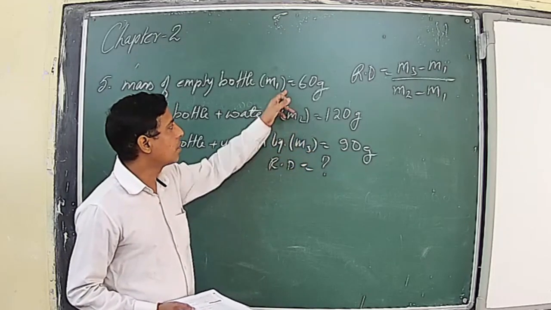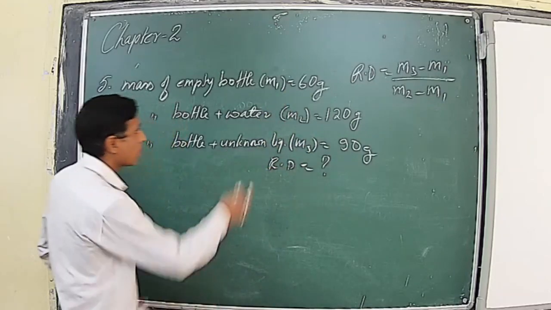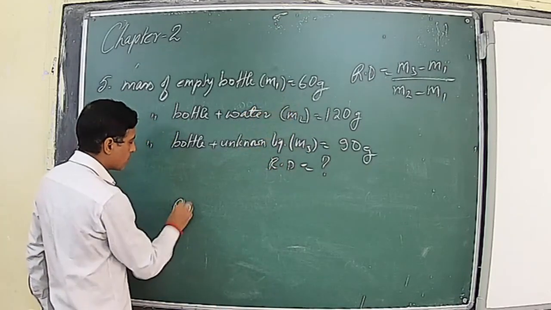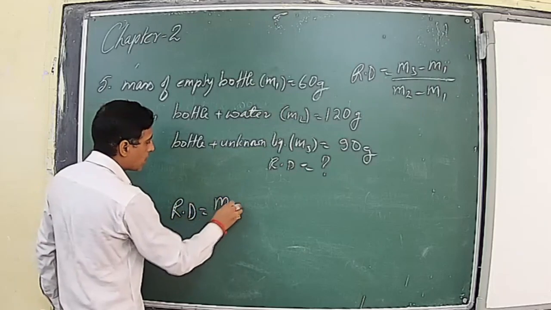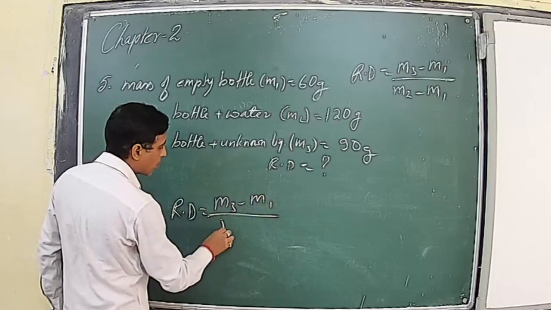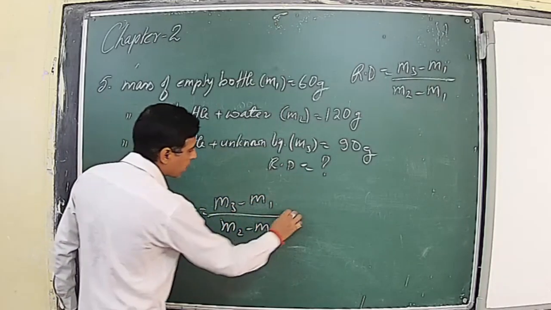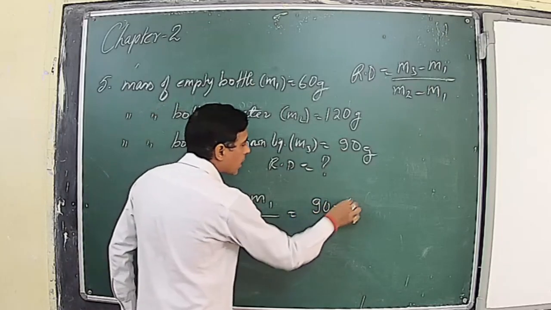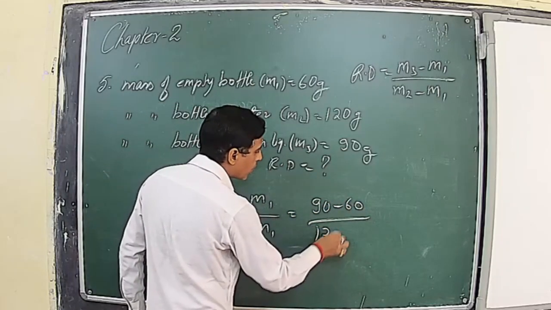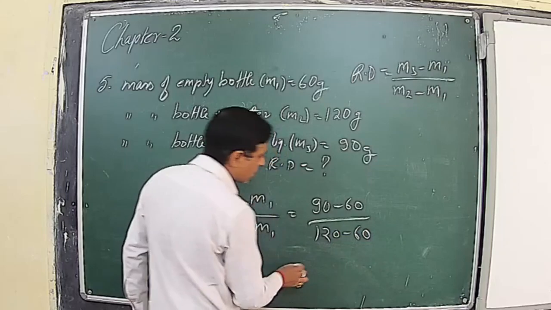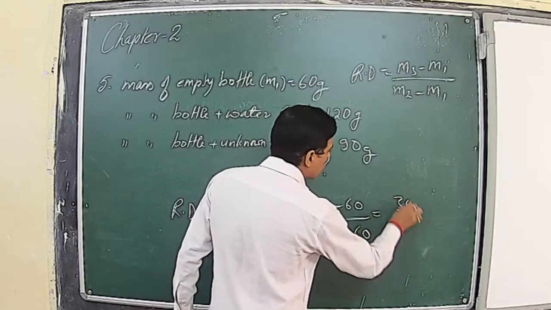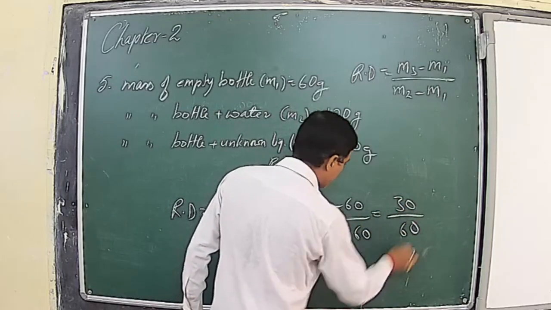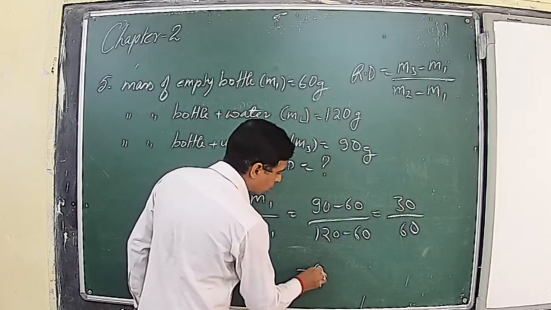So we can use the formula RD is equal to M3 minus M1 upon M2 minus M1. This is equal to 90 minus 60 upon 120 minus 60. So this will come 30 upon 60. So we will get 0.5.